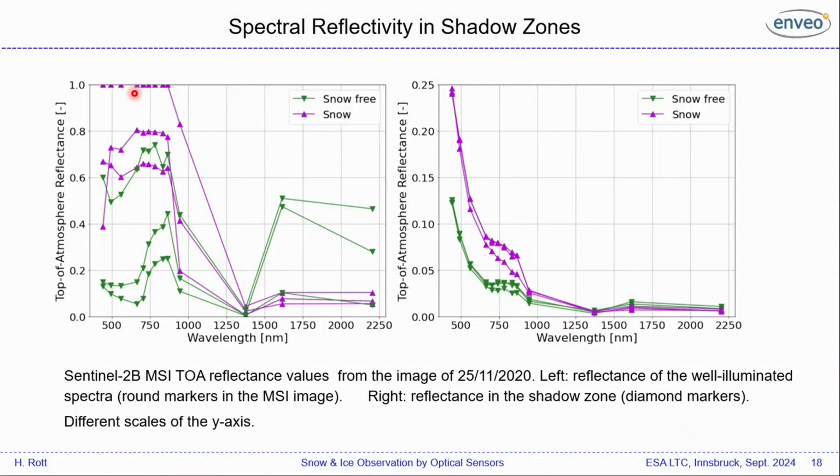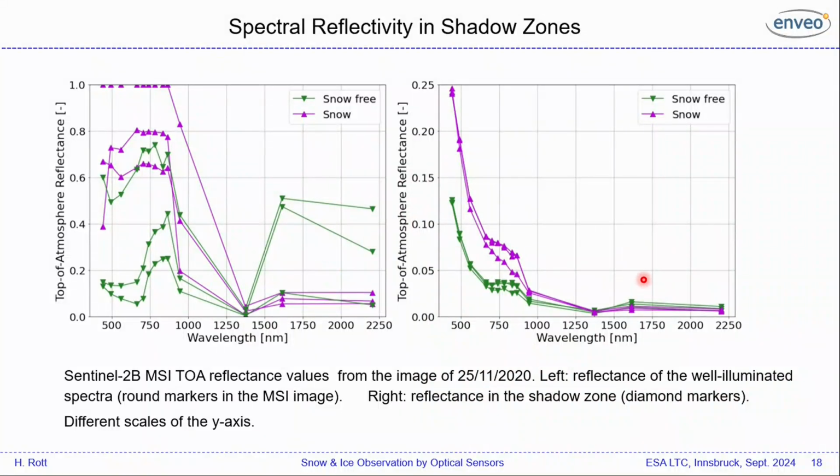And this is snow. And we have the high, this is top of atmosphere reflectance, by the way, not atmospherically corrected. And we have high reflectivity in the visible, and also up to about 900 nanometers almost. And then high reflectivity at 1600 nanometers in the snow-free, where the vegetated areas are.